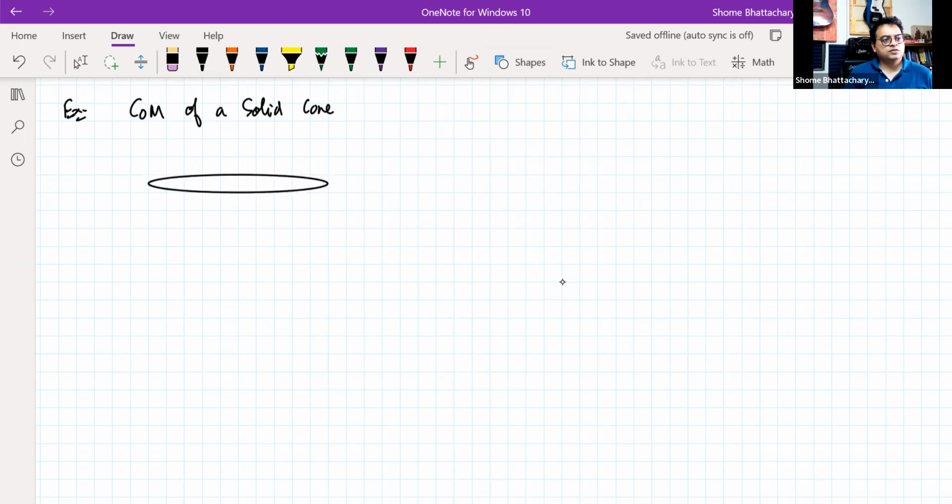Just for convenience, which you'll understand when we execute the calculation, we will show the cone in an inverted situation.